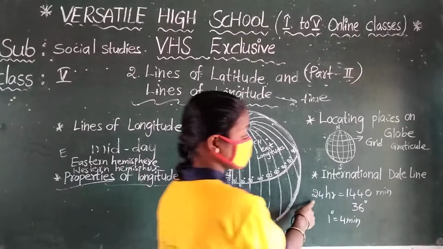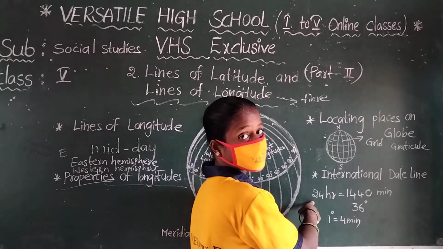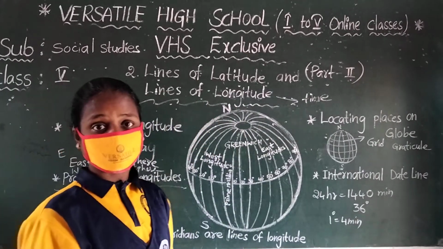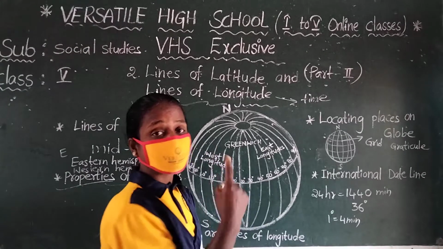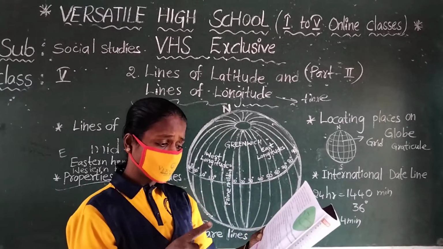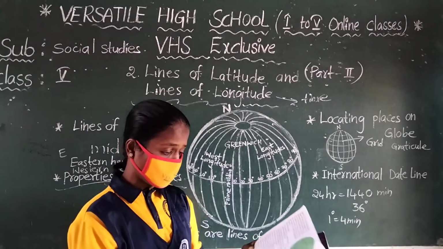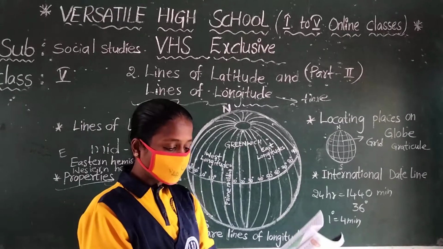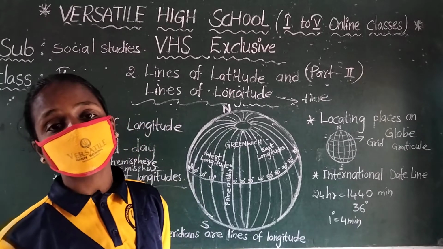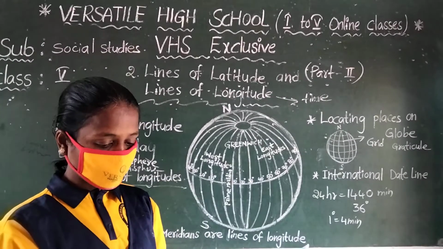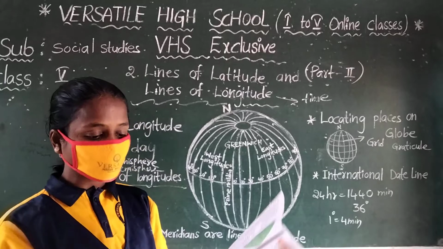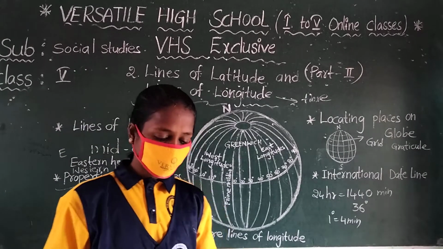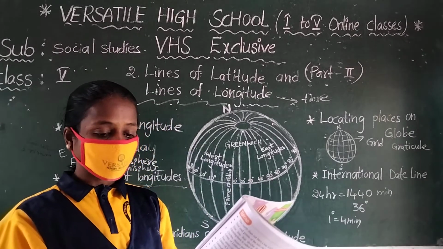You know that the earth is rotating itself for 24 hours or 1440 minutes. So the earth covers 360 degrees in 1 day. That means 1 degree will be covered in how many minutes? 4 minutes. In other words, the earth takes 4 minutes to rotate 1 degree.